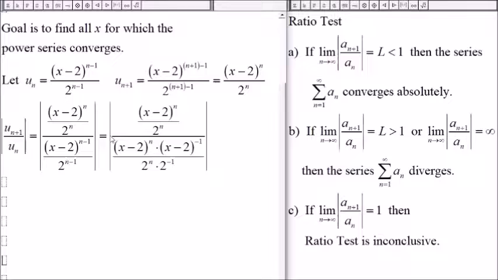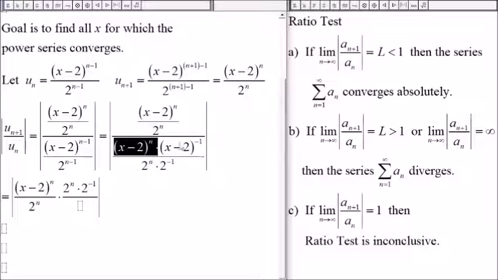And so now this becomes this. So we have that, and times the reciprocal of this. Remember that dividing by a fraction is the same as multiplying by the reciprocal. So the reciprocal is going to be that divided by this.